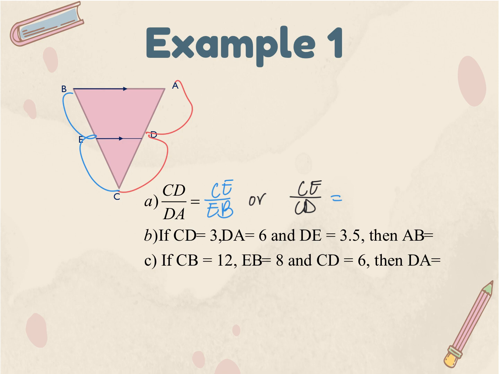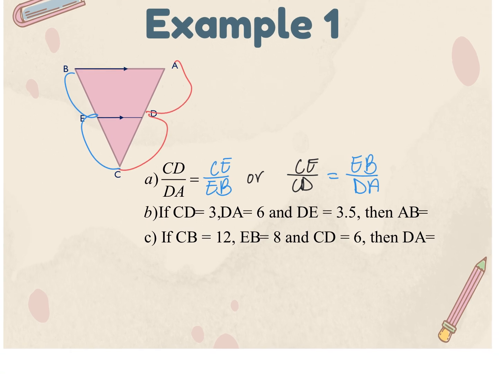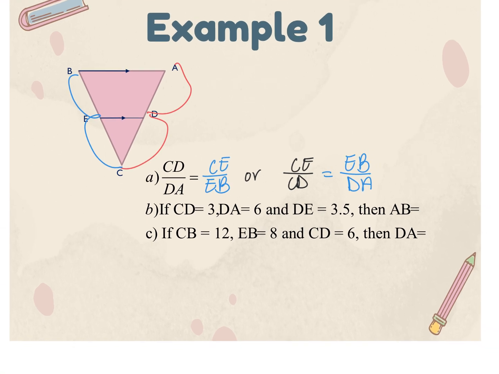If they were to give me CE over CD is proportional to what? Good. EB and DA. Perfect. Good. All right, so again, you have to know how to write those two ways, because if you're given one way or the other on your test, you need to understand how to write the other proportion.